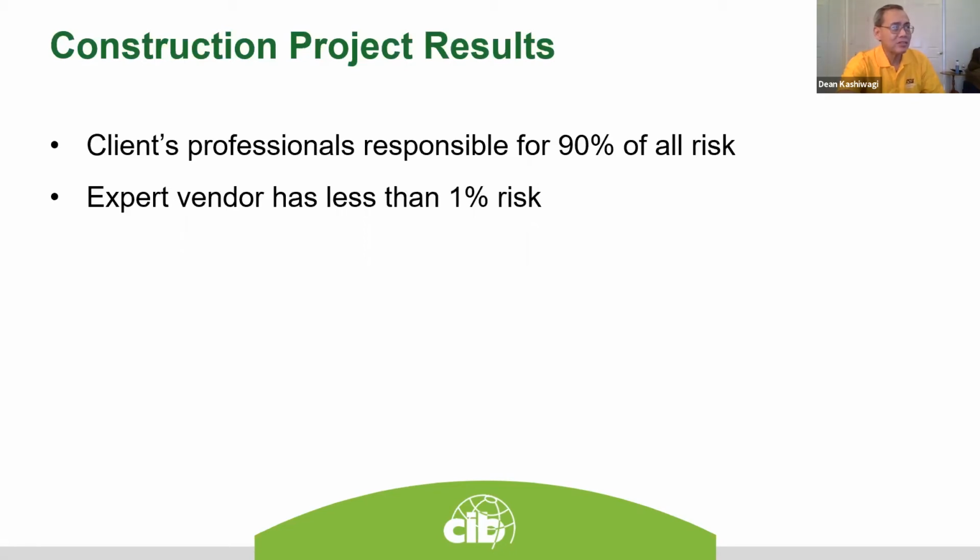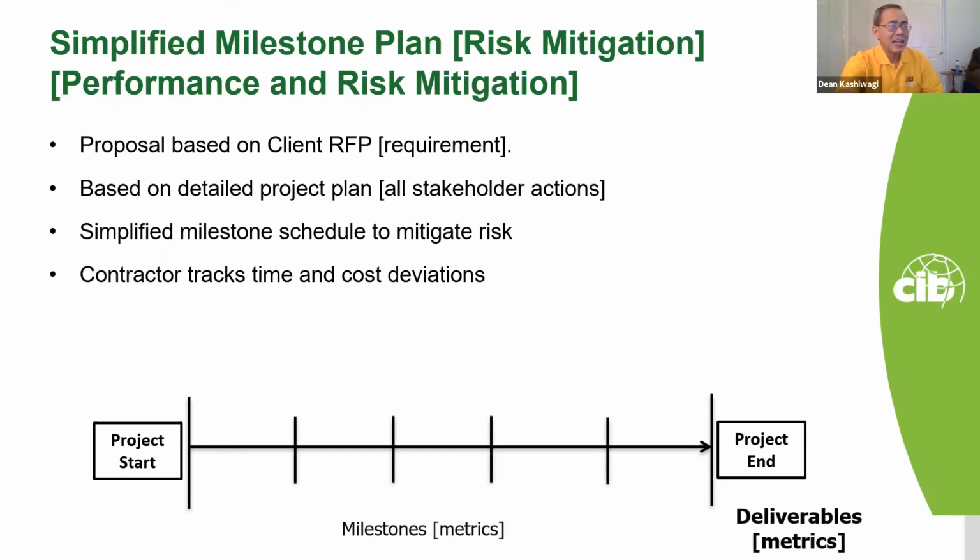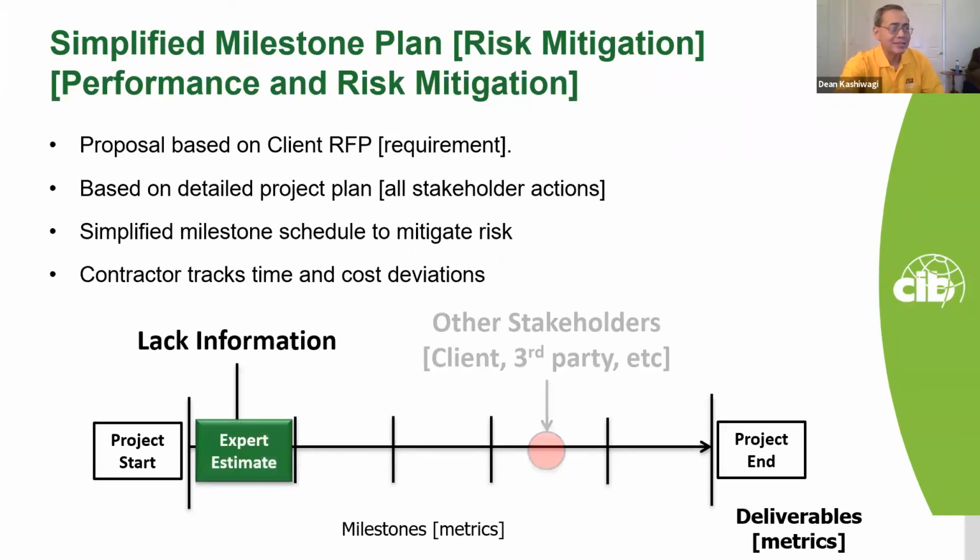The expert vendors are responsible for less than 1% of the risk. And basically what happens, they have to pre-plan in detail, then they have to simplify to mitigate risk. And it goes by milestones. Anytime they lack information, the expert gives their estimate.